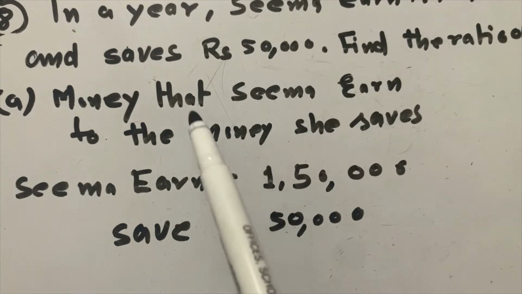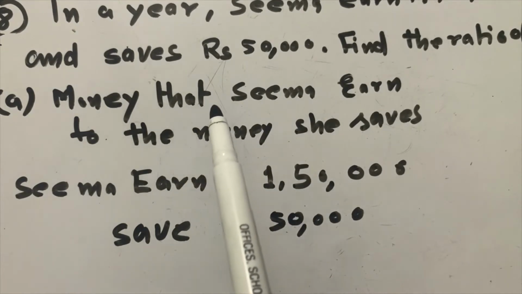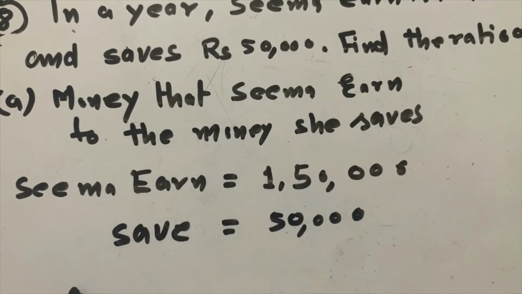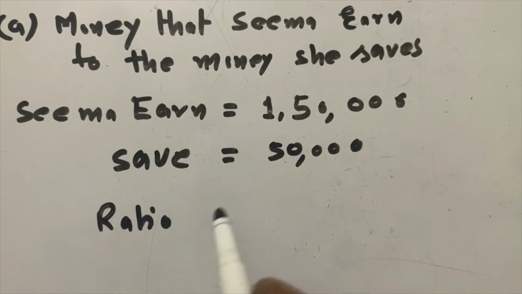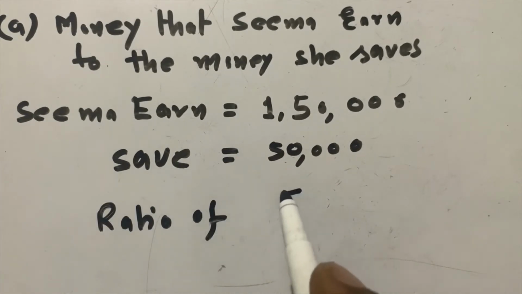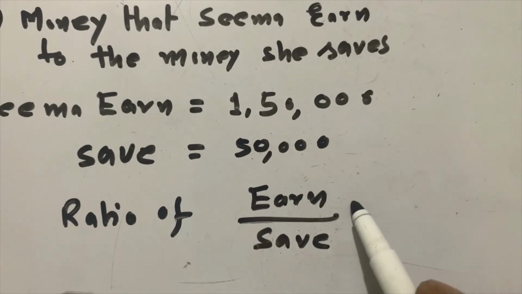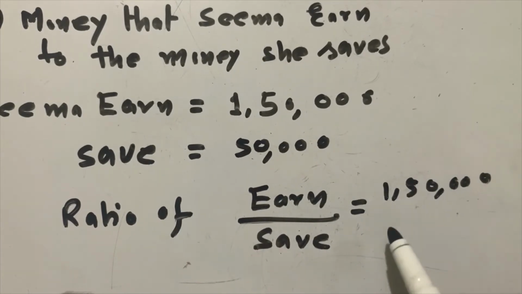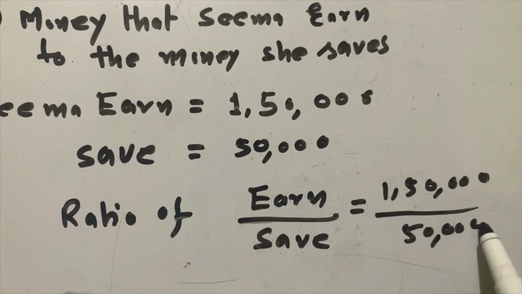So we have to find the ratio of the money that Seema earns to the money she saves. अर्न कितनी करती है? 1,50,000 एंड सेविंग कितनी है? 50,000 रुपीज़.